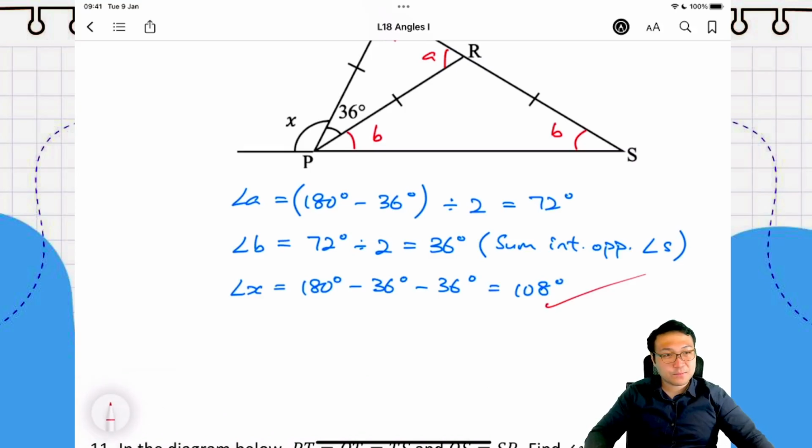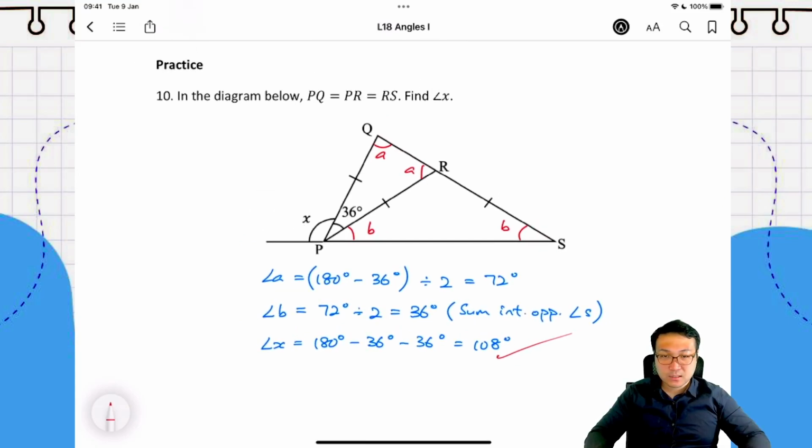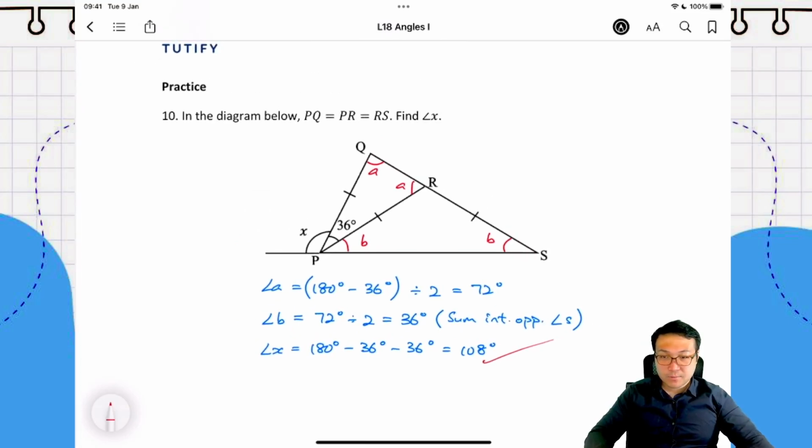Good job. Okay, students, anyone have any questions about this? So over here, we combine two different rules that we learned. We talk about isosceles. We also use our favorite rule, which is the exterior angle thing. Actually, you know what, students?